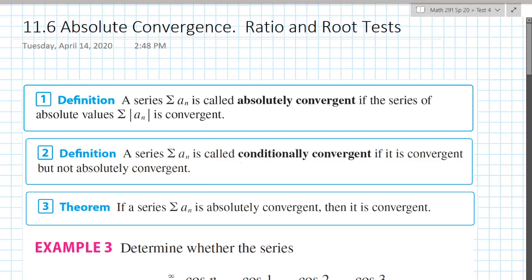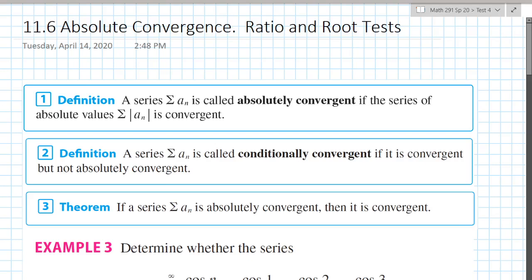So think of an alternating series with a harmonic series. The alternating harmonic series is convergent, but the absolute value of the alternating harmonic series, or just the harmonic series, is not convergent.